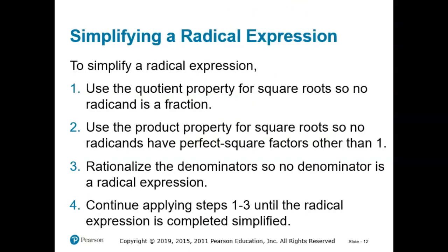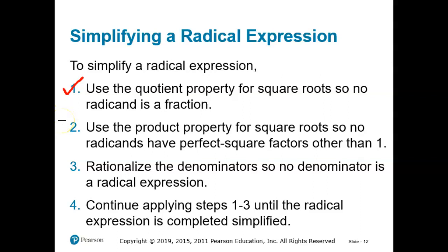Now, let's think about what we've done in steps. To simplify a radical expression, first we use the quotient property of square root so that no radicand is in a fraction. So we rewrite it as the square root of something over the square root of something.